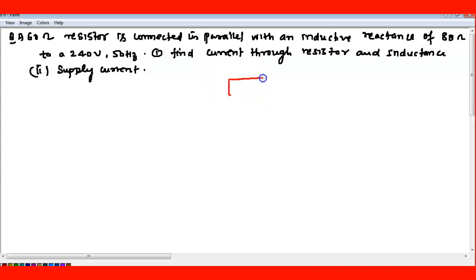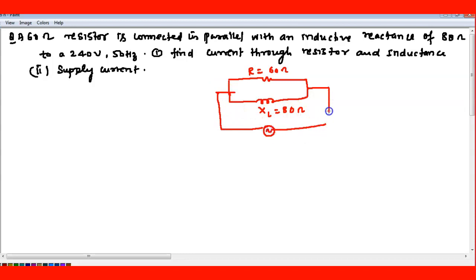So we can write here this is the resistance, which is 60 ohm, so R is equal to 60 ohm, and this is the inductive reactance, already given in ohm, so XL is 80 ohm, and the power supply is V equal to 240 and 50 hertz.